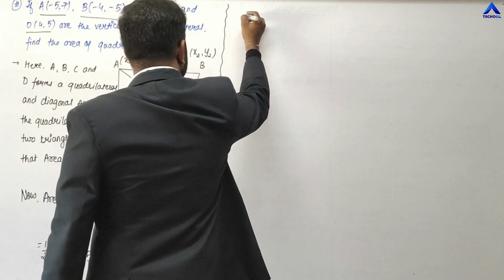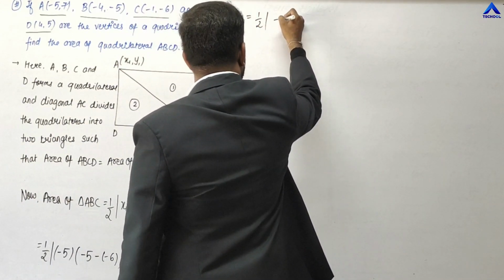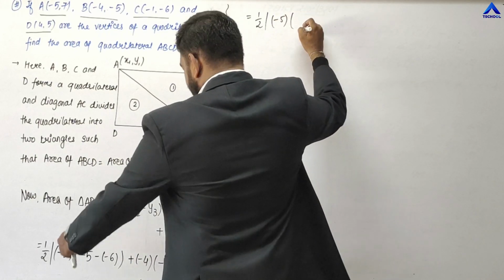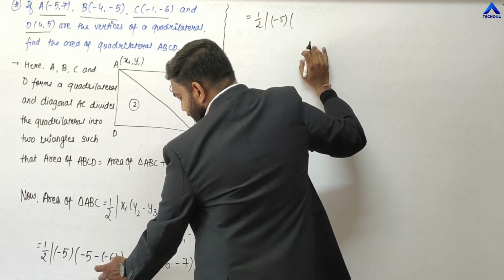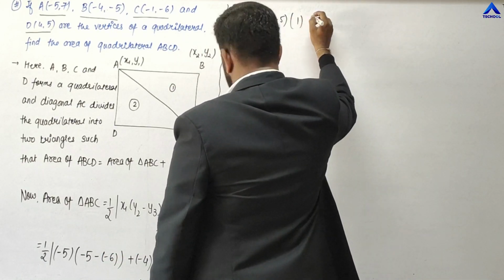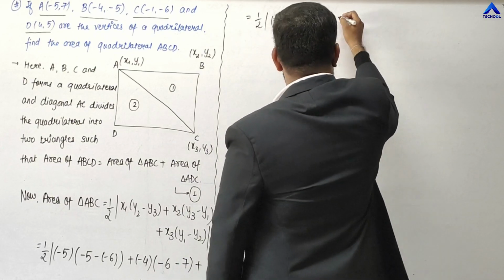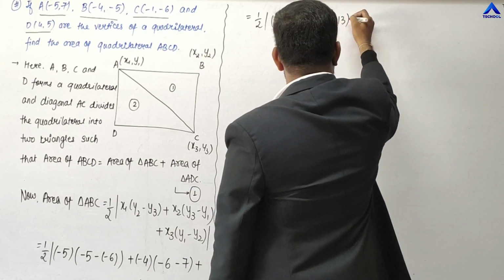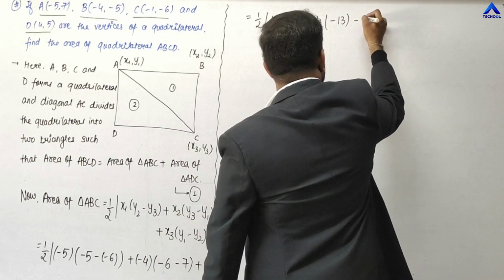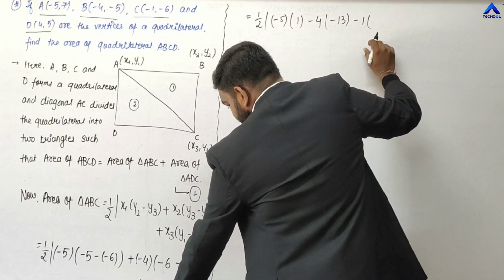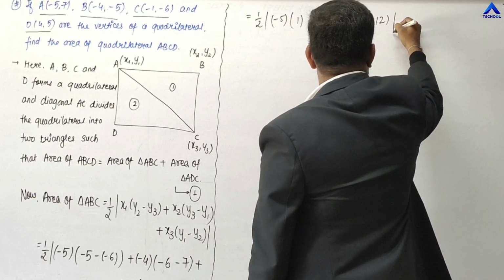Now let us solve this. That is equal to 1/2 into -5 multiplied by (-5 plus 6), that is 1. Here plus -4 into (-6 minus 7), that is -13. Again plus -1 into (7 plus 5), that is 12.